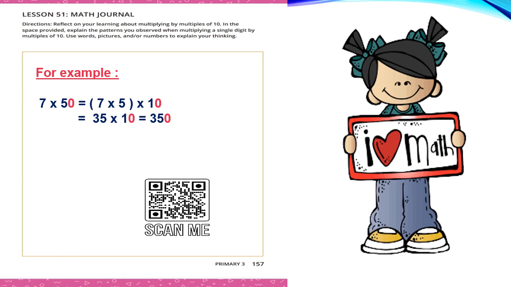When we have brackets, solve them first. 7 times 5 is 35, times 10. The 0 in the multiplication operation, drop it as it is in the result. 35 times 1 equals 35. So the final result will be 350.